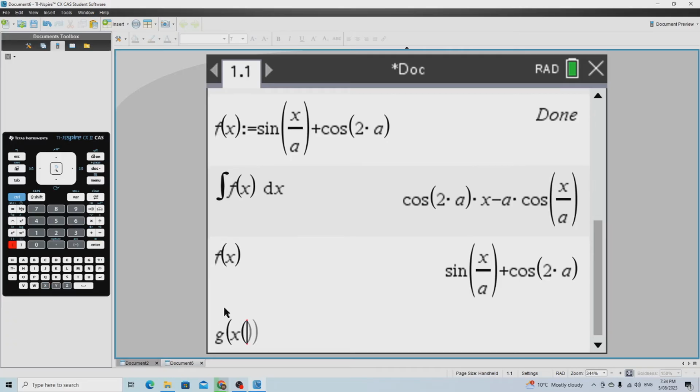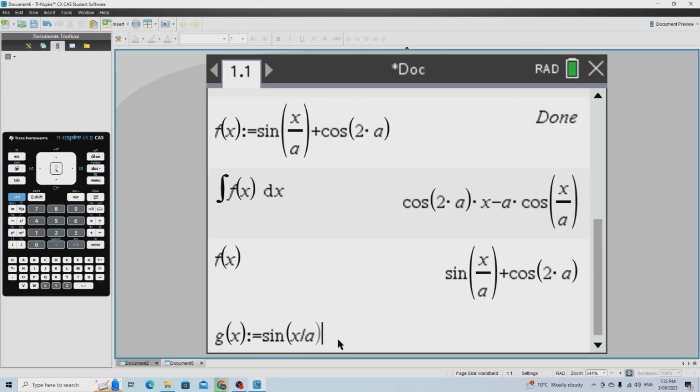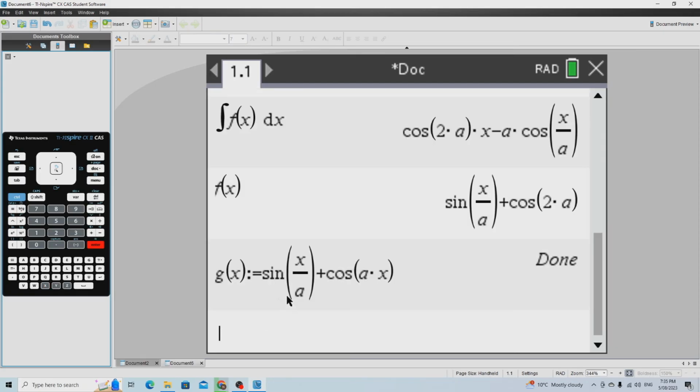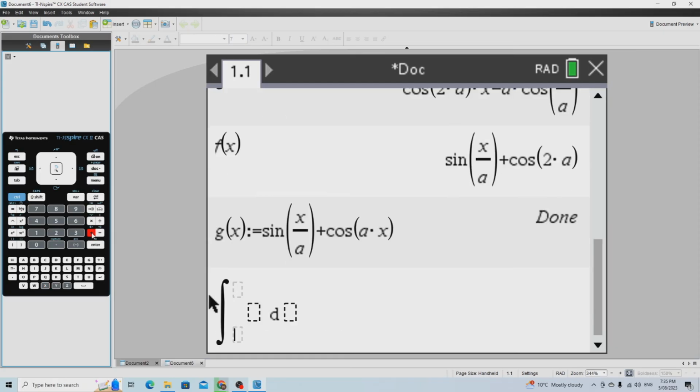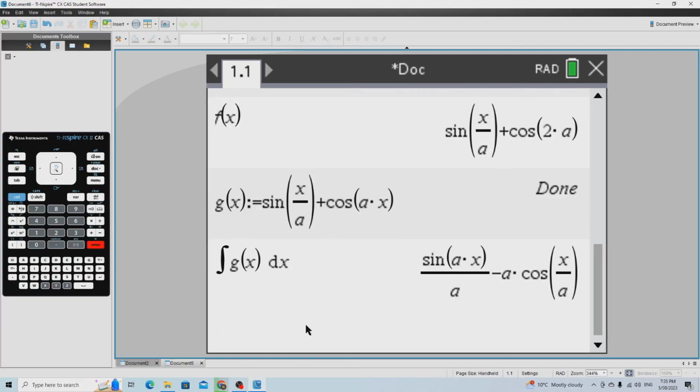So g of x, because I'm not too sure that's right. Okay, g of x is sine x over a plus cos a times x, which means the antiderivative of g of x, comma x. Okay, look, I don't know.